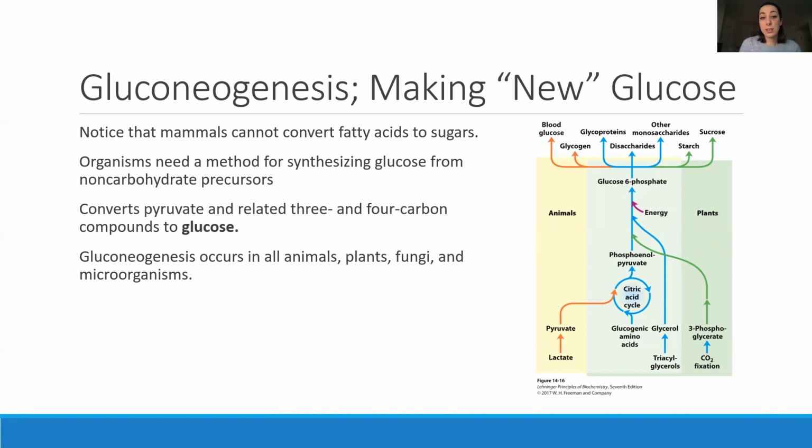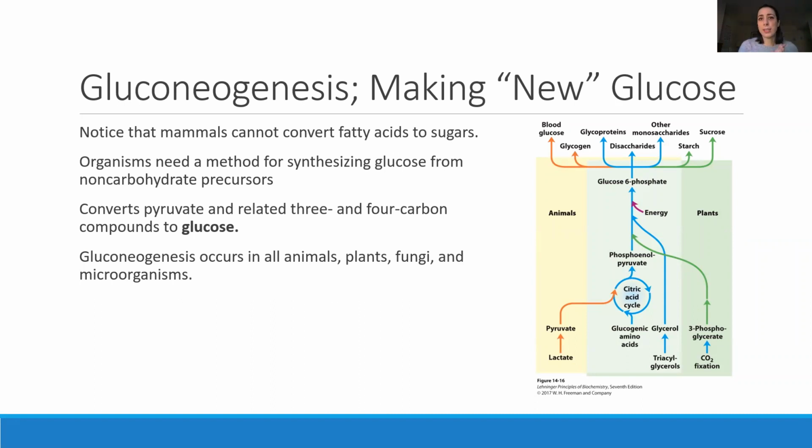Mammals can't convert fats into sugars. So there needs to be some type of pathway for getting glucose from any other precursor that isn't already a sugar, to then be used for building sugars, or to convert some other molecule into sugar so that you can then break it down for energy.